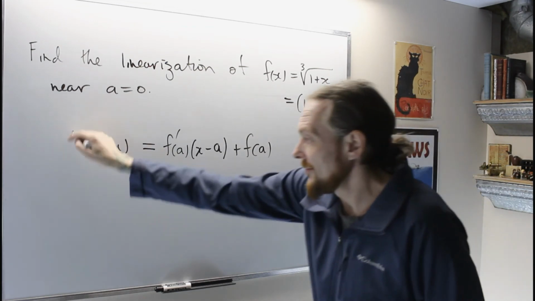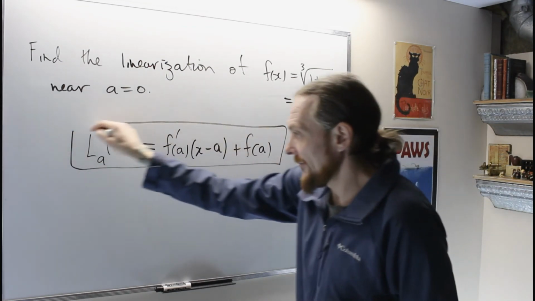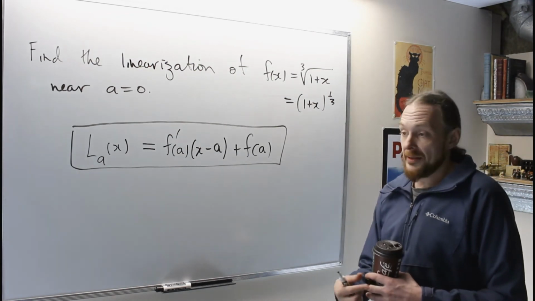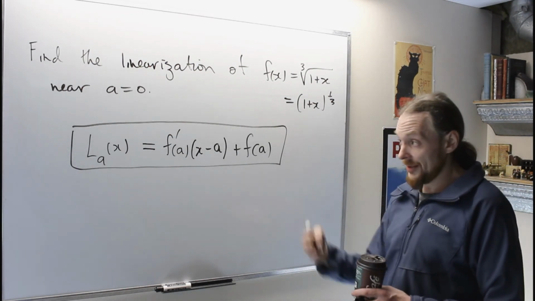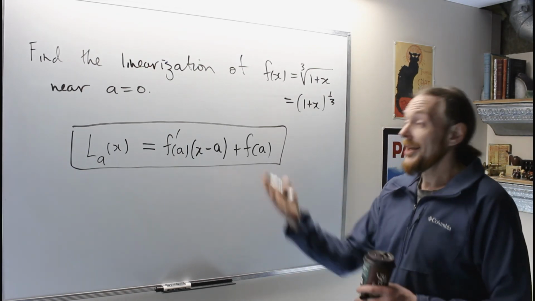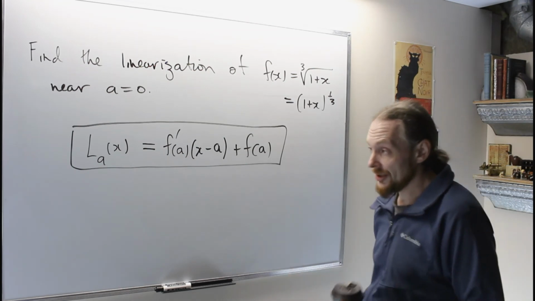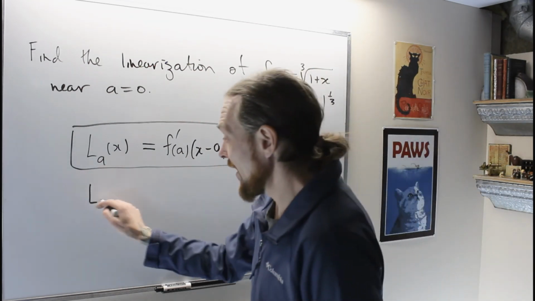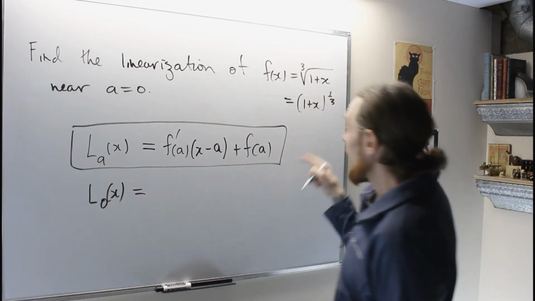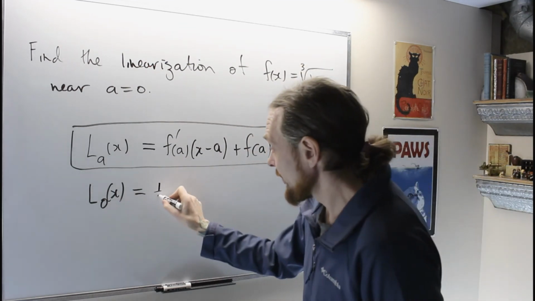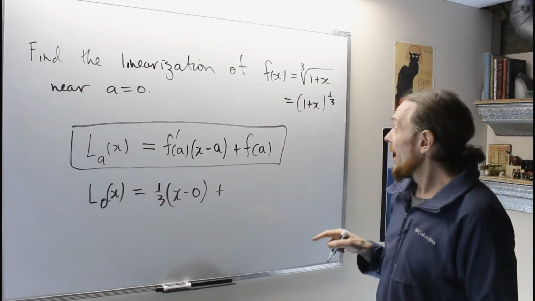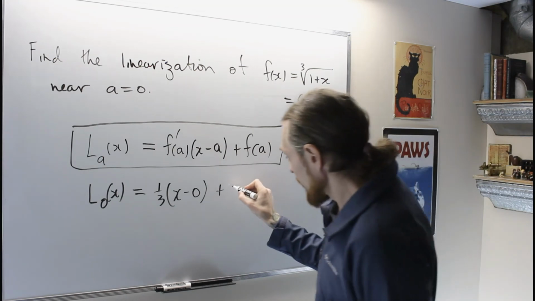What I've tried to train myself, and hopefully you over time, is when I have horrible definitions, it's not a good idea to try and memorize those things. Instead, I keep reiterating them for myself every time I need them. There's the general definition of linearization. Then I put my values in with the example. Then L of x at 0 is equal to f prime, which we computed was 1/3, times x minus 0, plus f of 0, which was 1.